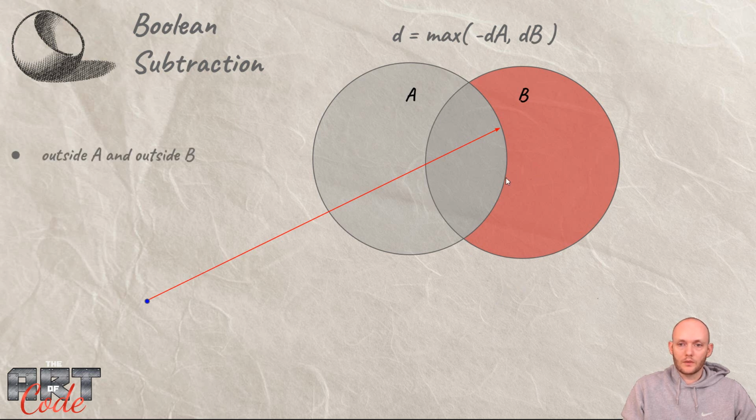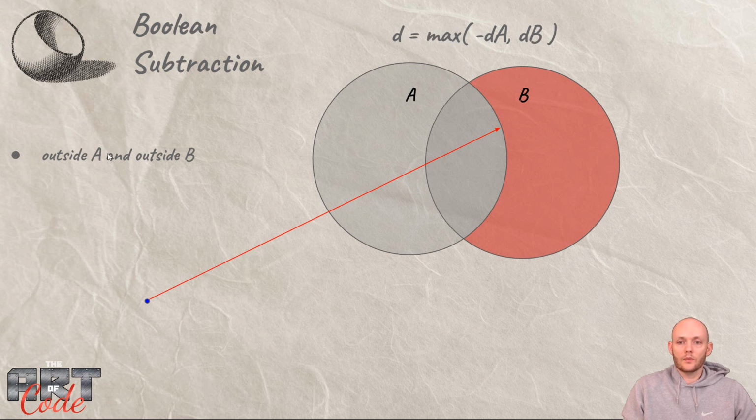Let's see here. If we're outside of A and outside of B, if point P is outside of either of these objects, then that means that dA and dB will both be positive. And that means that when we make this negative, dA will always be smaller than dB, and so this max will always give us dB.